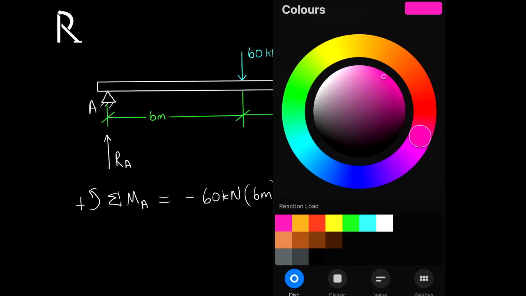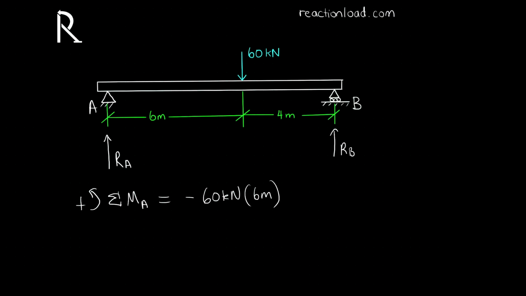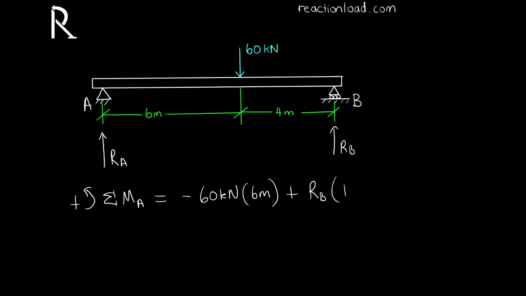And so again, by convention, that will be positive. So we can say plus RB multiplied by the perpendicular distance from pivot point A to where the force is applied, and that is 6 plus 4 metres, which is 10 metres. All of this is equal to 0.